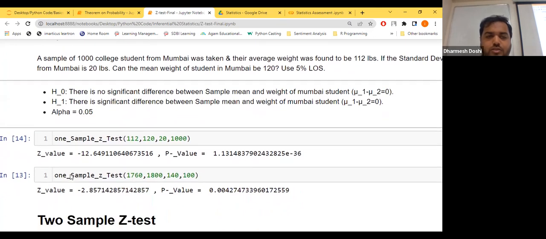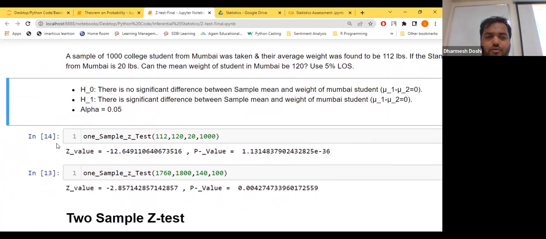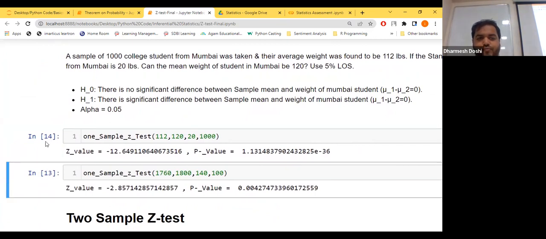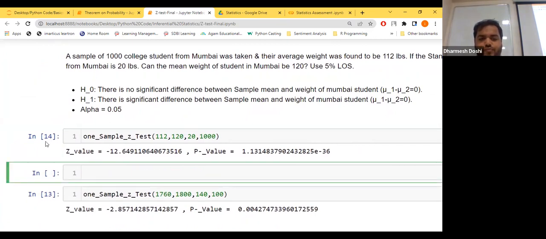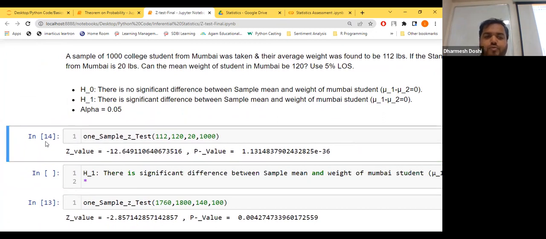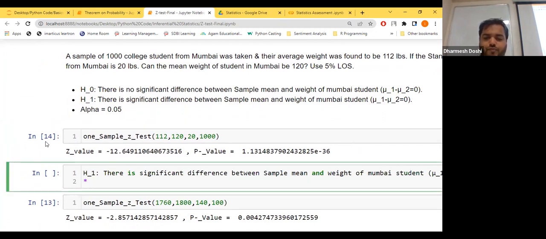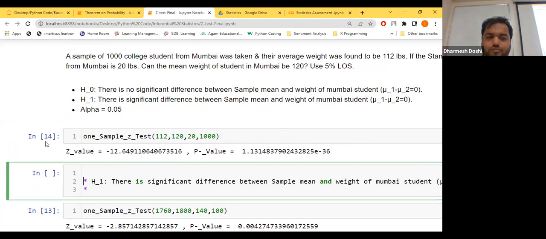What is the p value, guys, after putting every data? What do we say? We reject, because the p value is 1.1 e raised to minus 36.